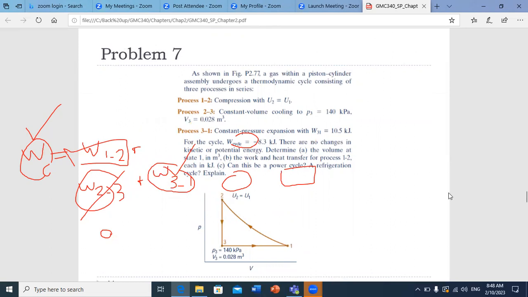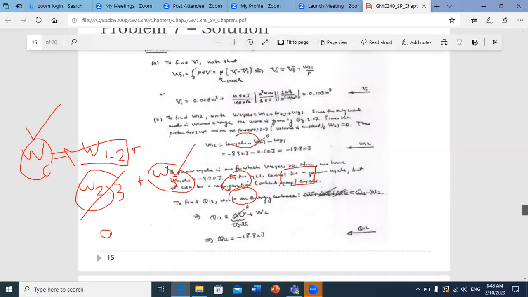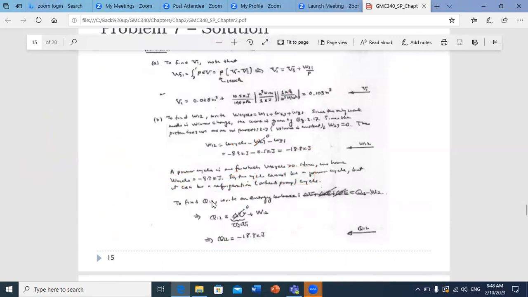Now, before the last step, we want to calculate the heat transfer between 1 and 2. During this process, they gave us that the internal energy is not varying. Please pay attention to something: when you work on a closed cycle, delta E is 0.